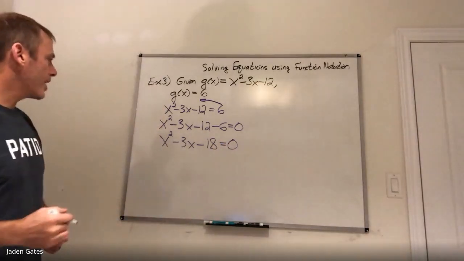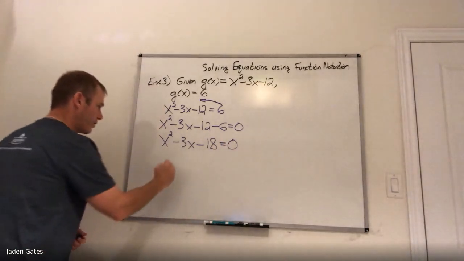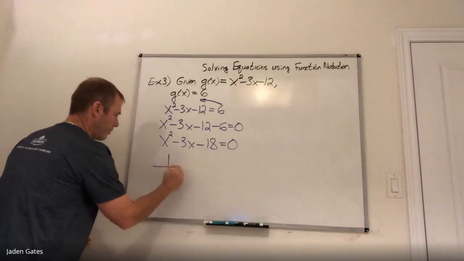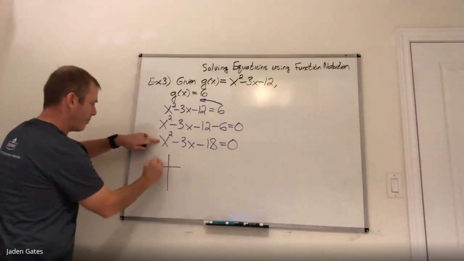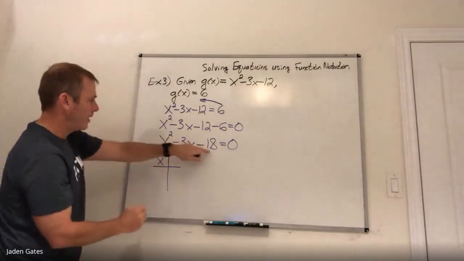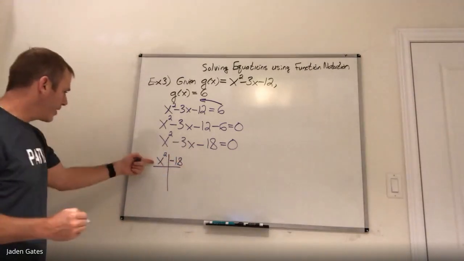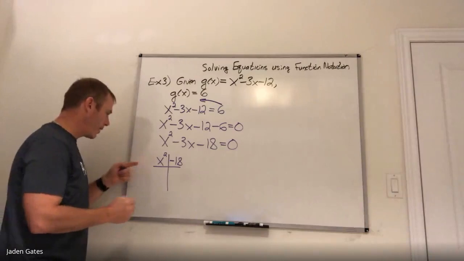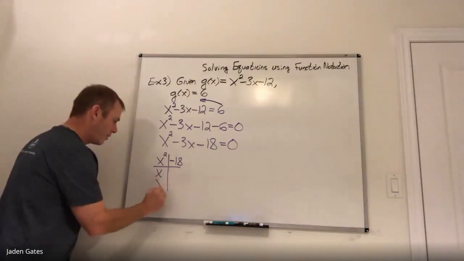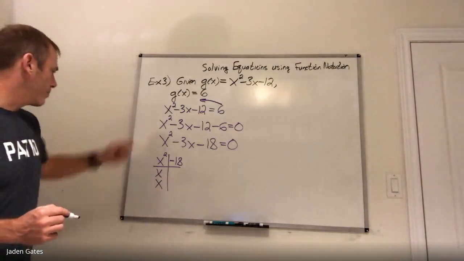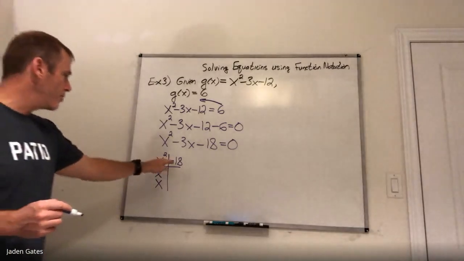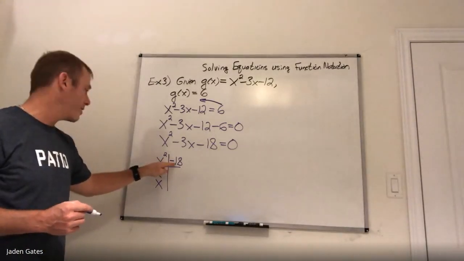All right, so once again, I am going to factor this. The first term, again, I put in the top left corner. Last term, I put in the top right. Because this is the easier ones we're doing for now until we get to the quadratics, it's x and x. X times x will give you x squared. But now I have to come up with 2 numbers to multiply to give me -18.